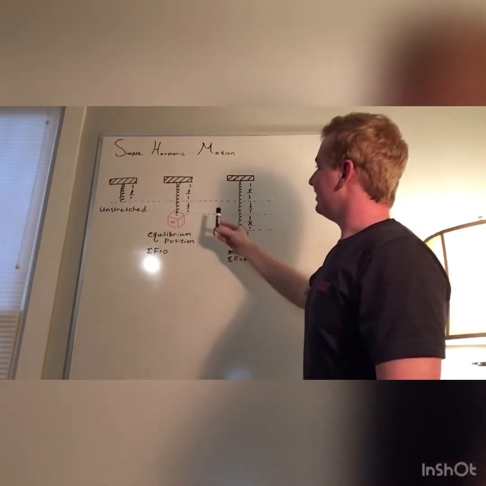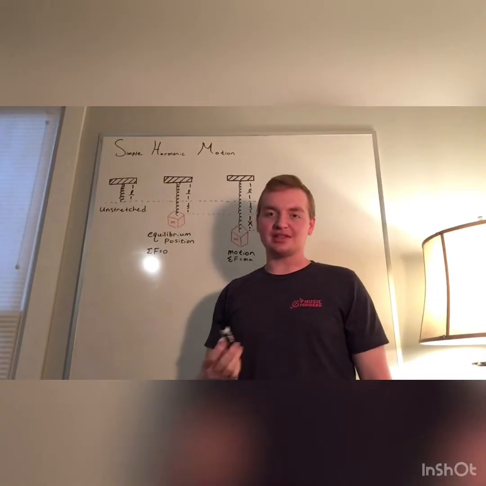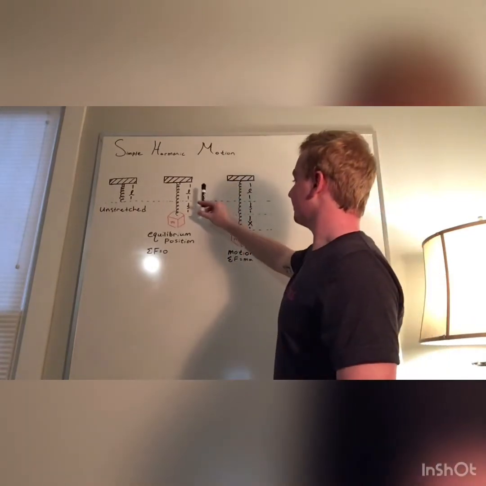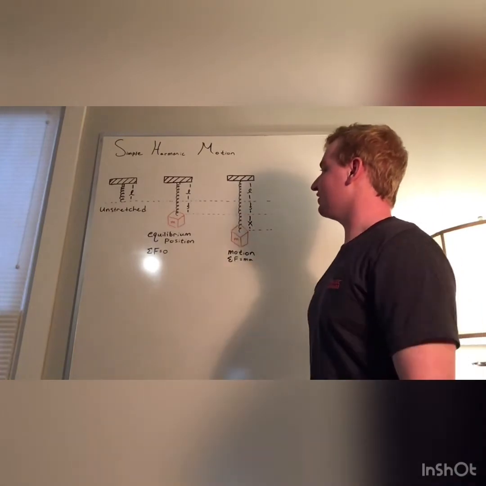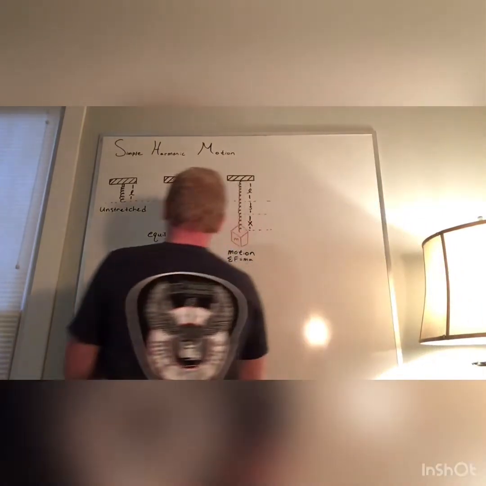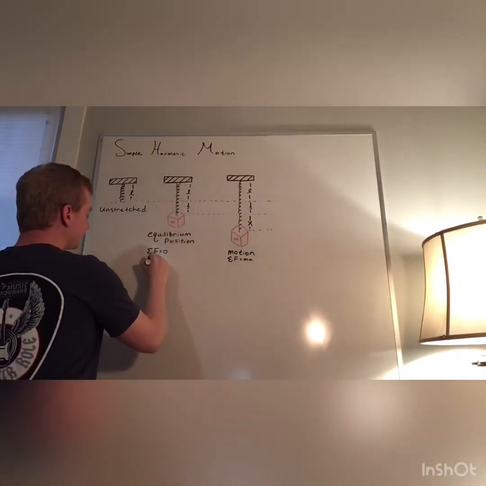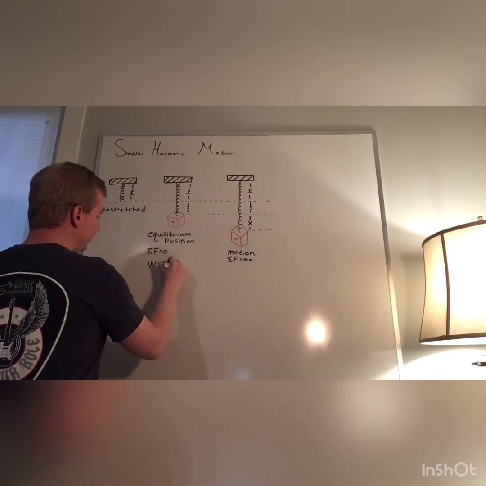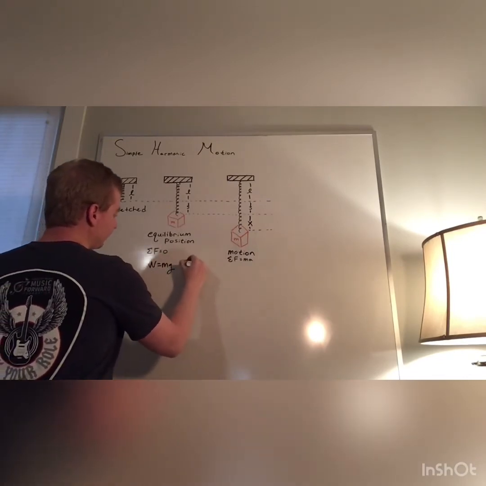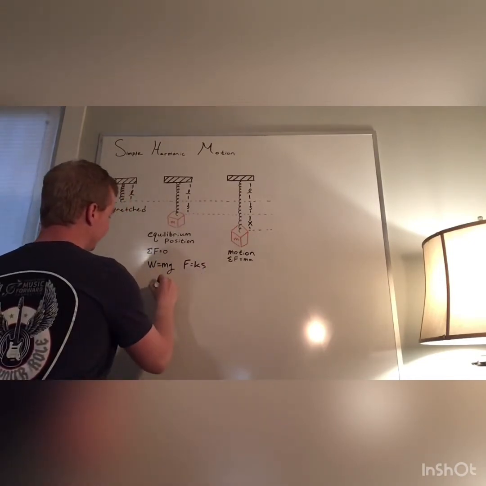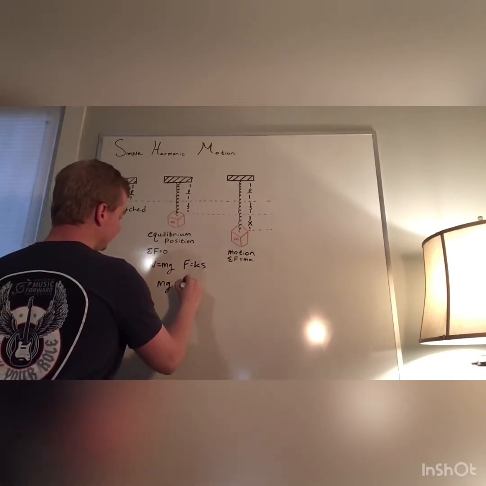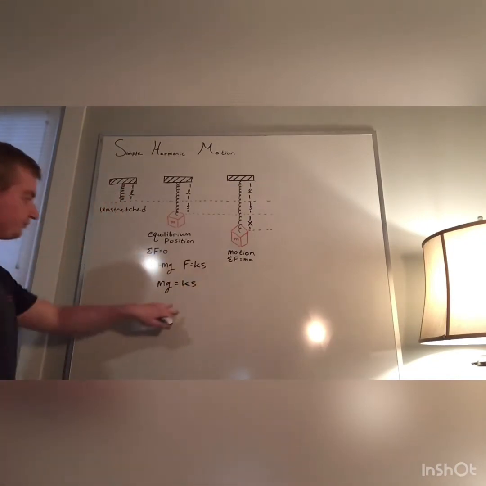However, the spring force acting opposite to the elongation, or upwards, and the weight force acting downwards cancel out. So we can say here that the weight force equal to mg and the spring force equal to ks are equal to each other. So we have mg is equal to ks.